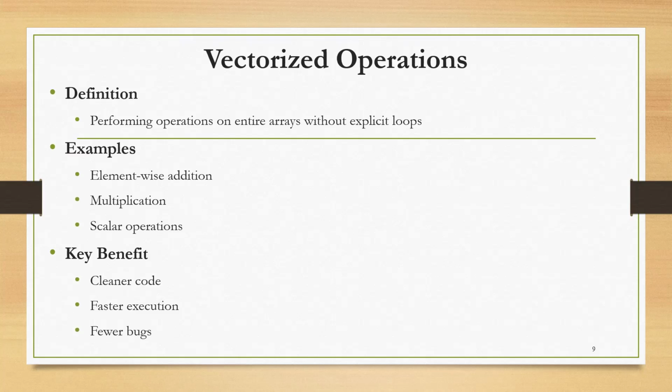The benefit, I like the second one best: fast execution. Also fewer bugs. It will give us cleaner code, faster execution, and more readable analytic pipelines. So vectorization again is the practice of replacing explicit loops, for example for loops, with array expressions. We will see examples in the lab work.